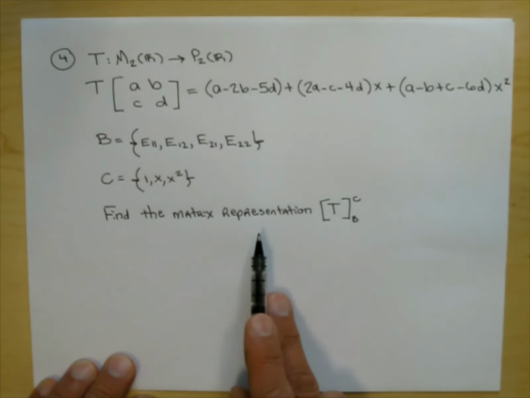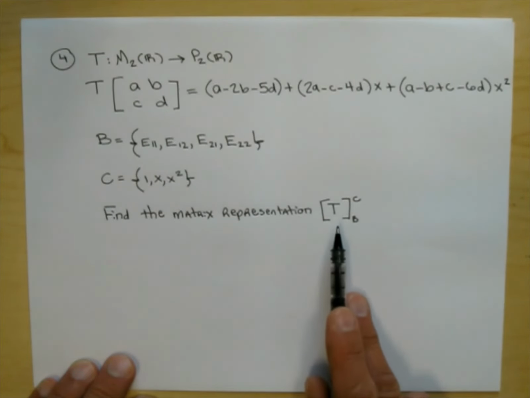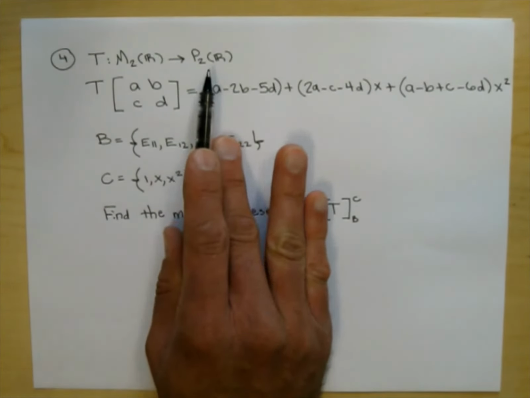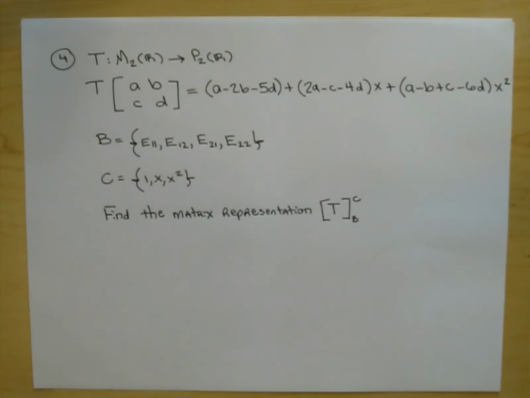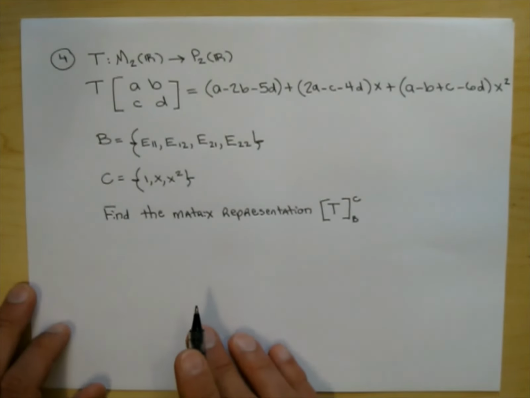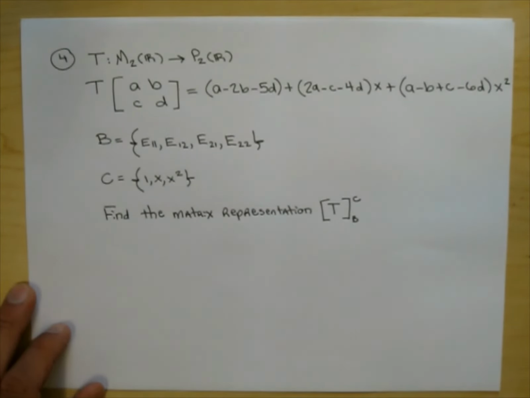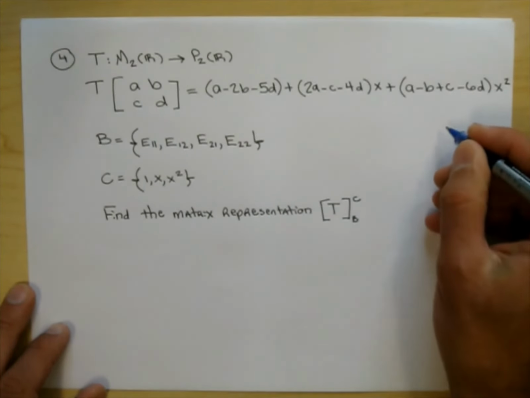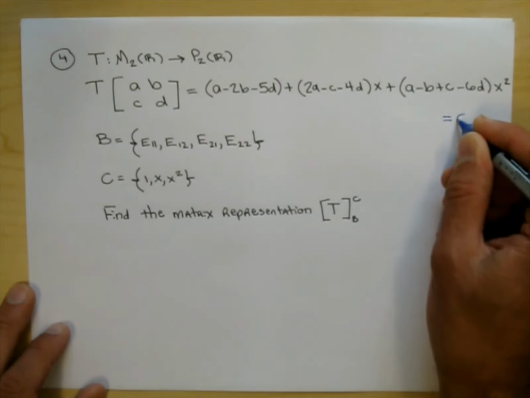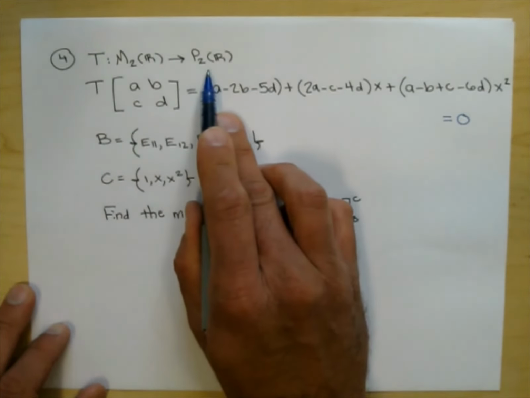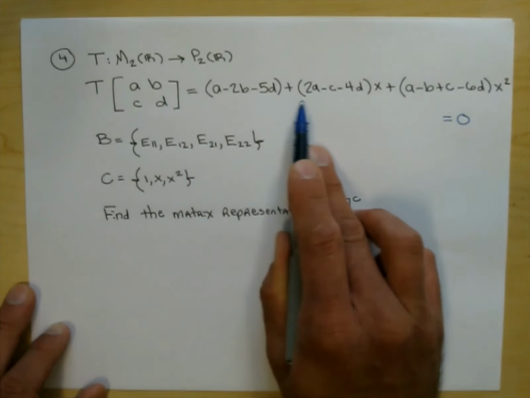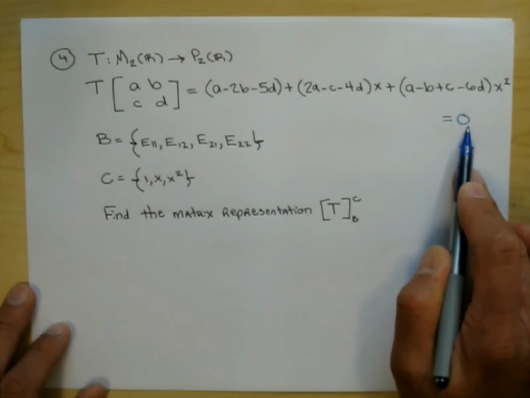Find the matrix representation. So we're trying to find our matrix of T for something that goes from matrices to polynomials. Can we do that? I think we can. What I would do is set this linear transformation equal to 0. The 0 vector of P2 is just the polynomial 0.